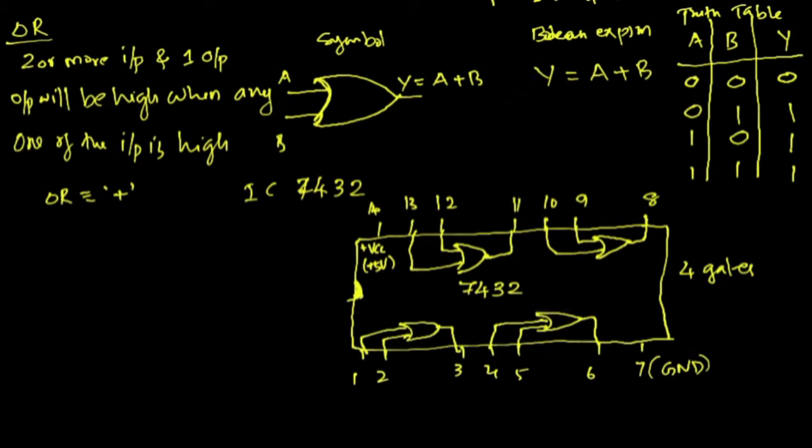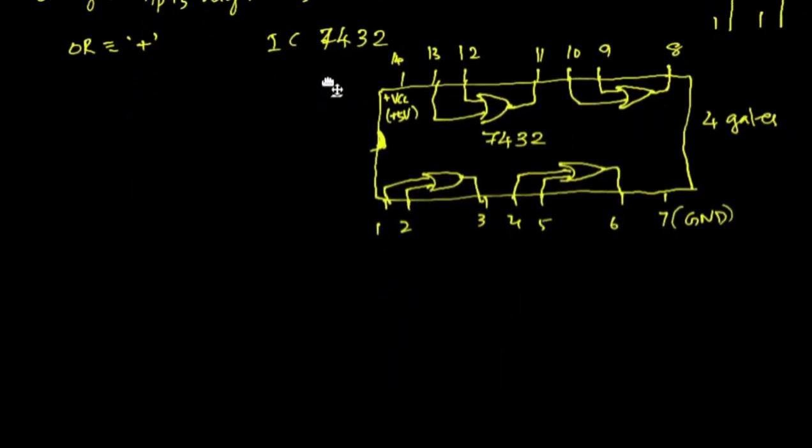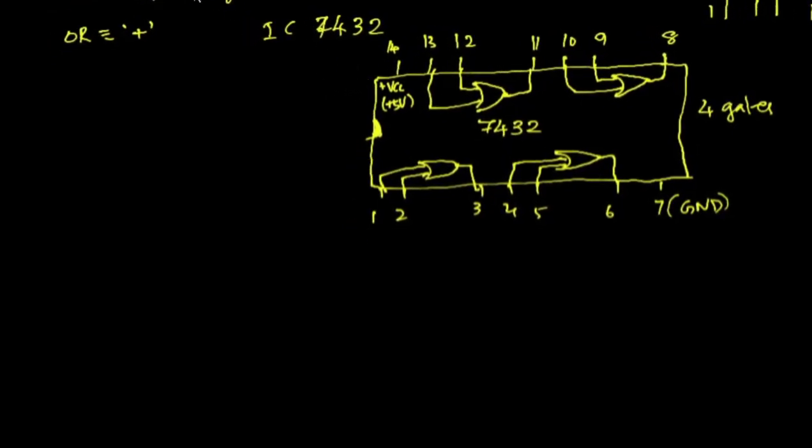Now I told you in the beginning that an OR gate is a digital circuit or a logical gate with 2 or more inputs and 1 output. Here we have discussed only the 2 input case. So we can have more inputs.